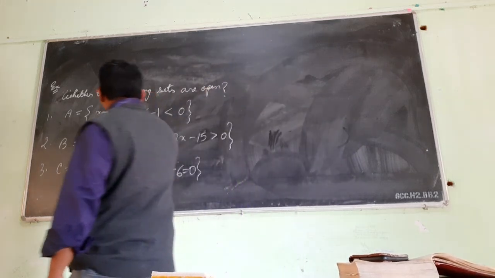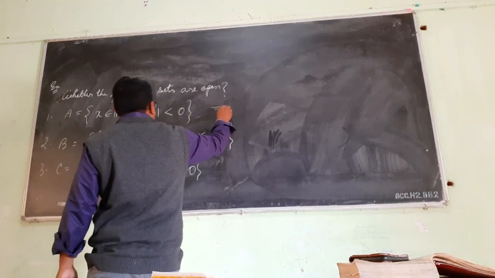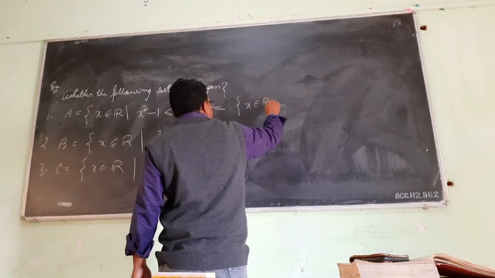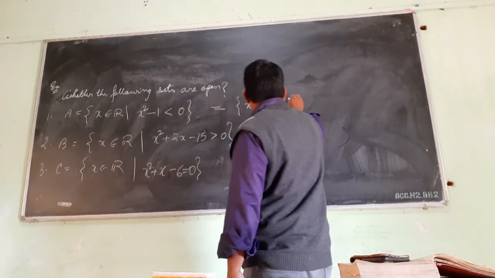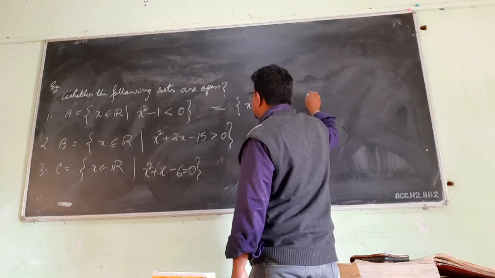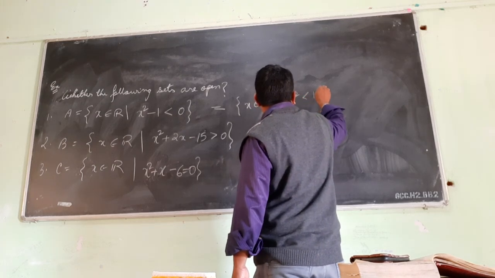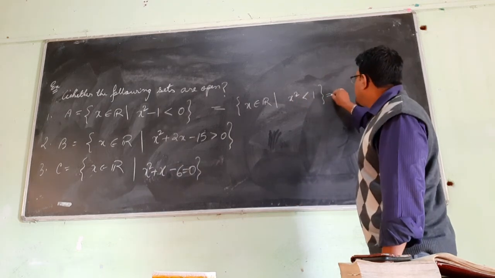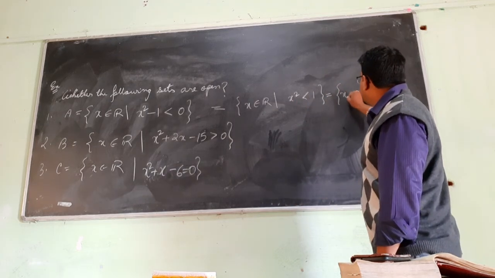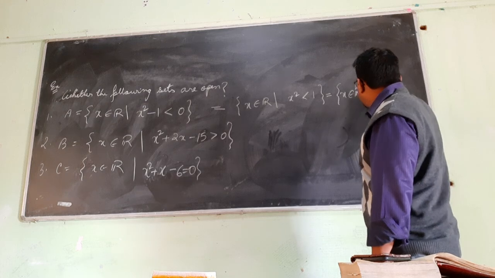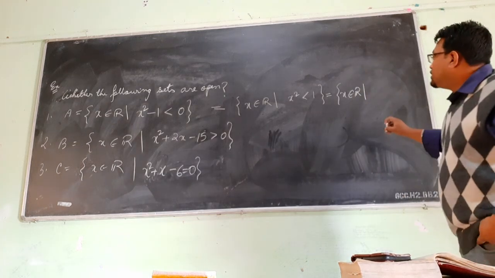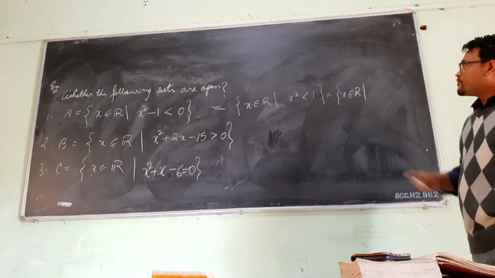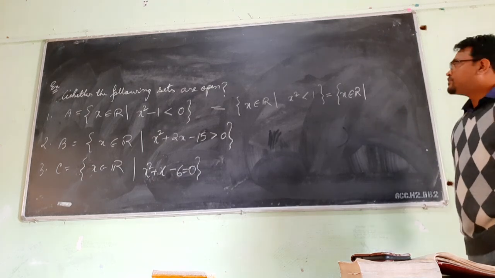Okay. So how to write this set? This can be written as the set of all those x inside R such that x squared is less than 1. So how do you write this set? This is the set of all those x in R such that x squared is less than 1, which means x is less than what?